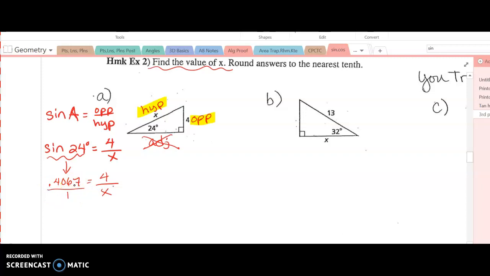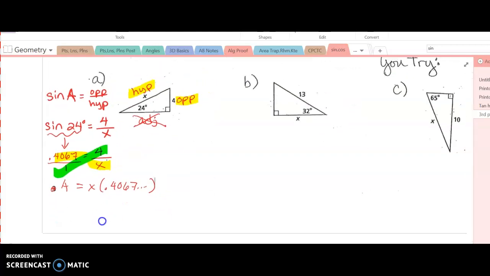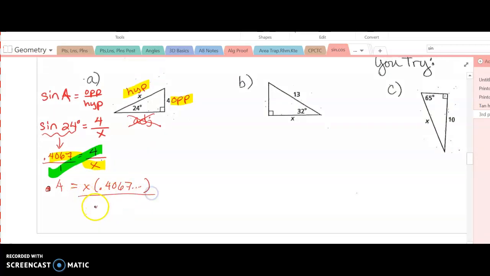So then we cross multiply. So 4 times 1 is 4. And that equals x times 0.4067. So since x is times 0.4067, to get x by itself, we divide both sides by 0.4067. So these cancel.